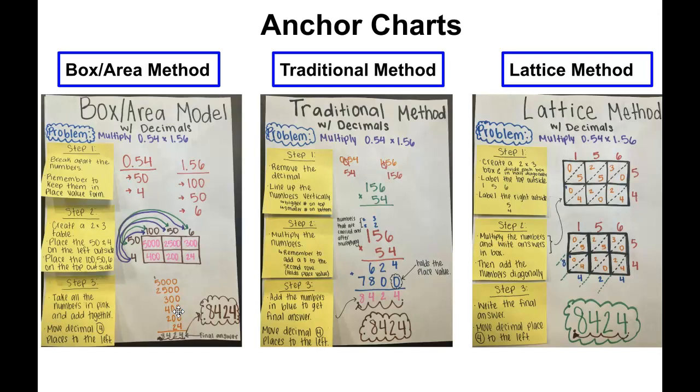Then in step 3, we take all the numbers in pink and add them together after we multiplied them. And so we have the 5,000, 2,500, 300, 400, 224. And we added those together and got 8,424.